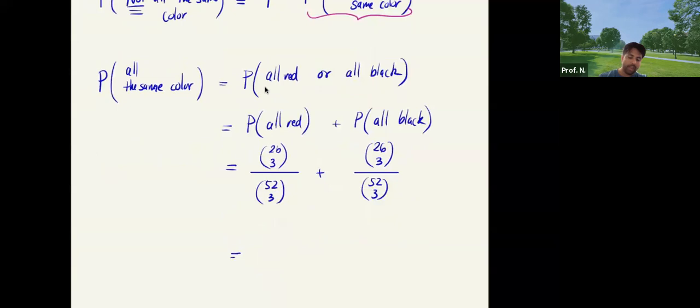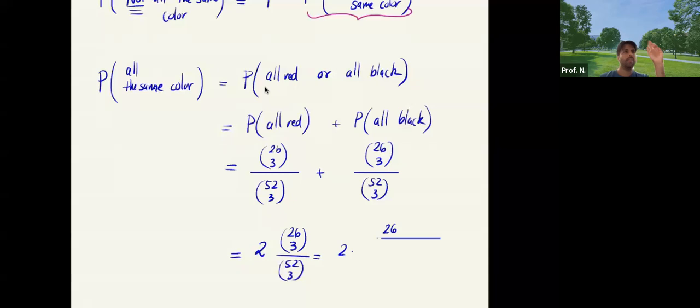So really, I have 2 of these guys. And of course, you use your calculator, but I just want to show you how the computation works out. We're doing combinations because does it really matter that I get the 2 of hearts, the 3 of diamonds, and the jack of hearts?